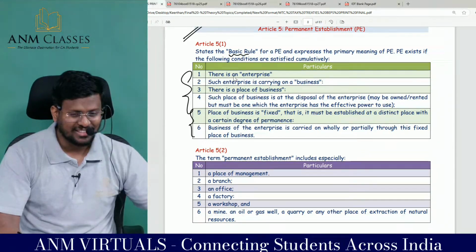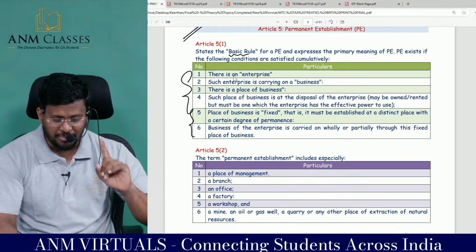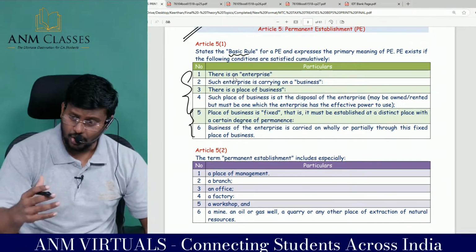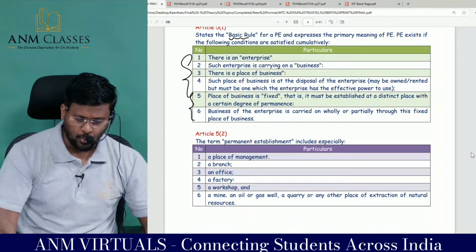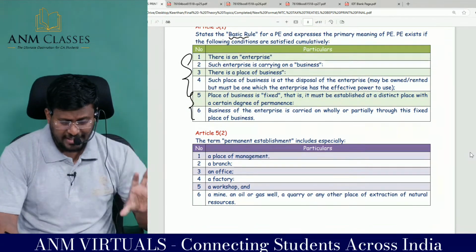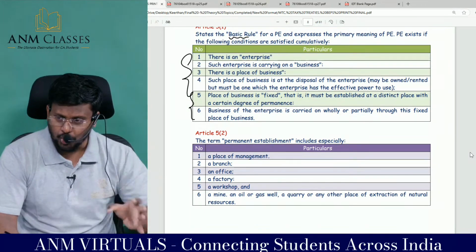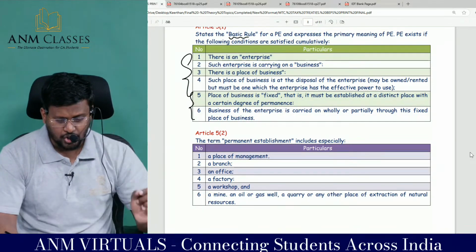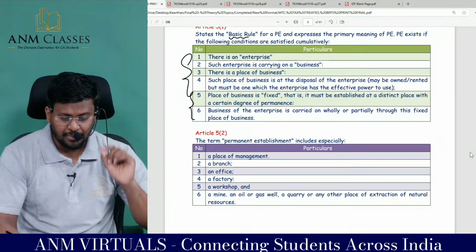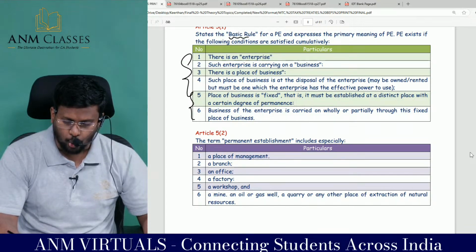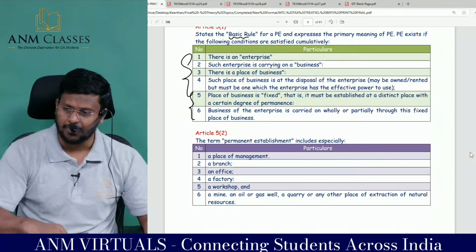So there is an enterprise. First, such enterprise should be carrying on business. And there is a place of business. Such place of business is at the disposal of the enterprise. The place of business should be fixed, and the business of the enterprise is carried on wholly or partially through this fixed place of business.